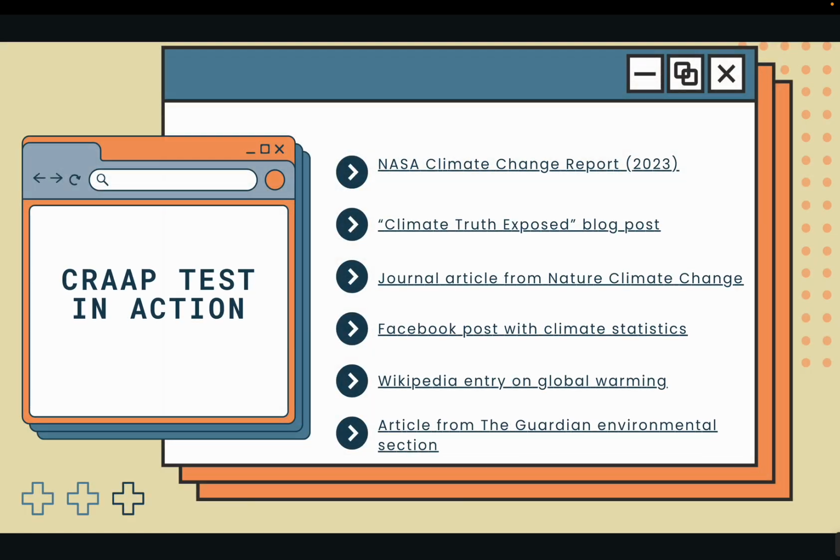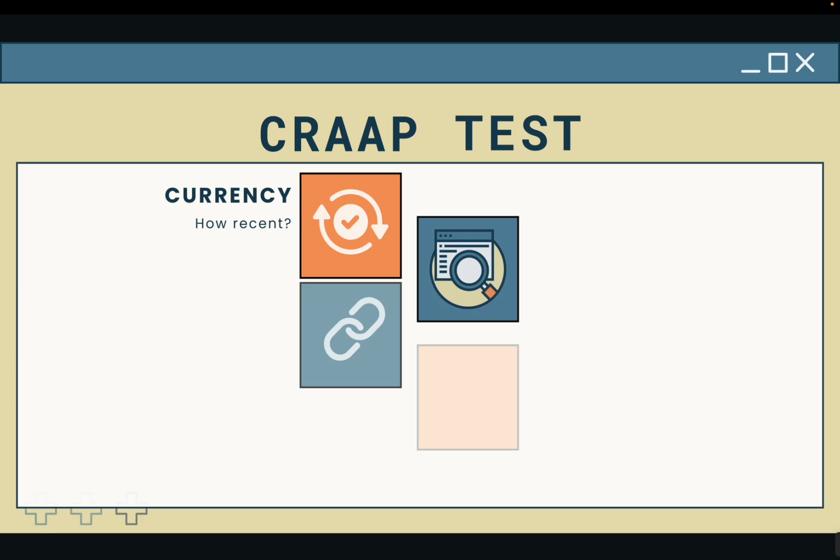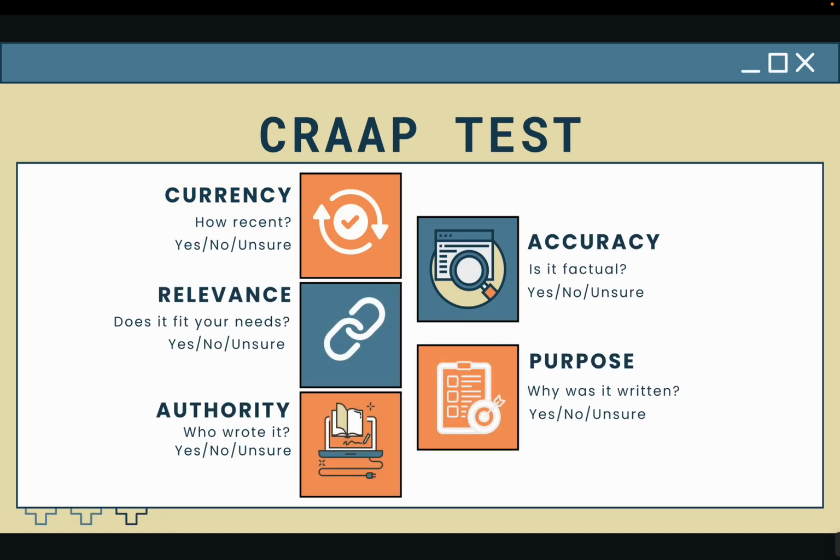Next, we're going to use the CRAP test in action. Look back at these 6 sources once again. Redo the CRAP test with them, going through how recent, relevant, authority, accuracy, and purpose. Use yes, no, and unsure next to currency, relevance, authority, accuracy, and purpose for these sources.